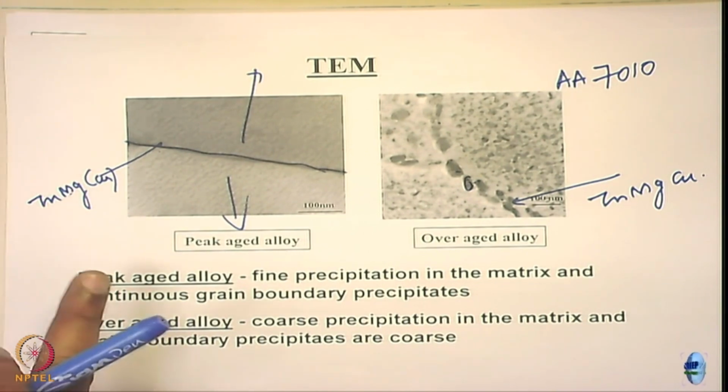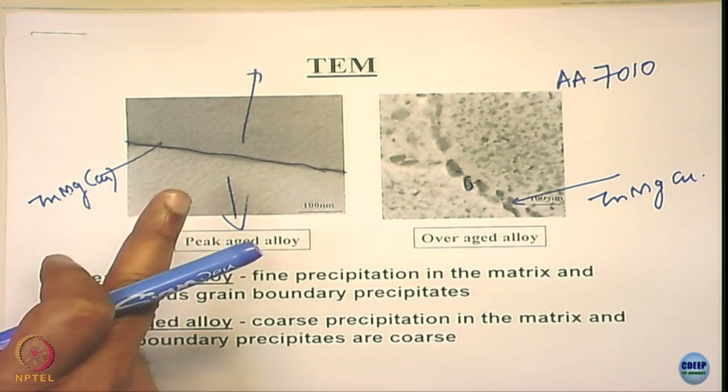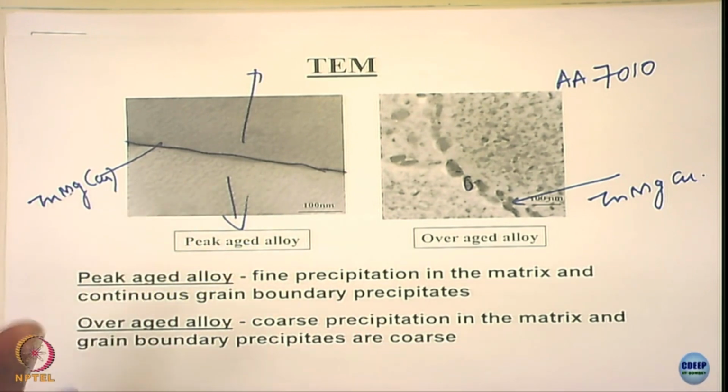Here the passivating element is aluminum, which is not getting affected. Rather, the active elements segregate and form precipitates in the grain boundary, and so they get corroded. So it is not the depletion of a passivating element that causes the problem here, it is the formation of active phases on the grain boundaries. So the mechanisms in both cases are different.